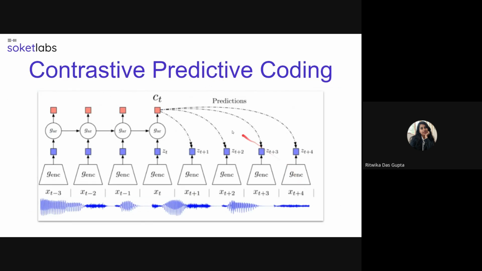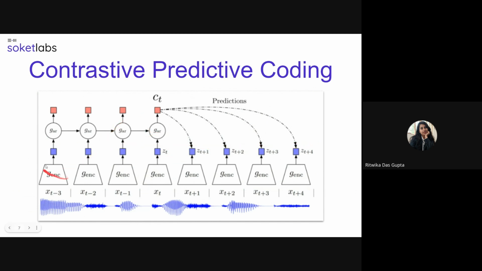This is the architecture of contrastive predictive coding, where we have nonlinear encoders, g_enc, and these take the input variables over time based on audio. These encoders convert the input variables into latent representations. That is the dot product of this encoder and the input variable, which gives these latent representations.